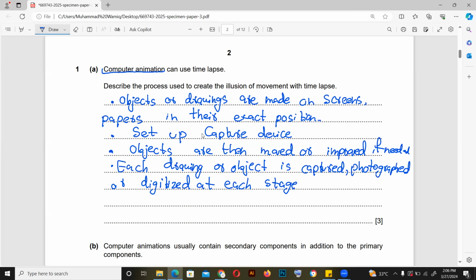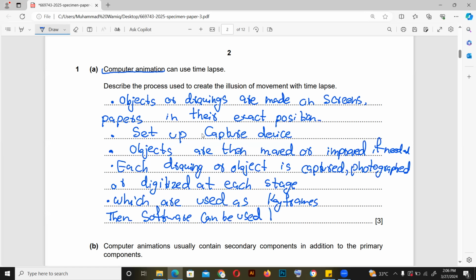Each stage is used as keyframes, then software can be used to create animations from these frames. So this is simple.